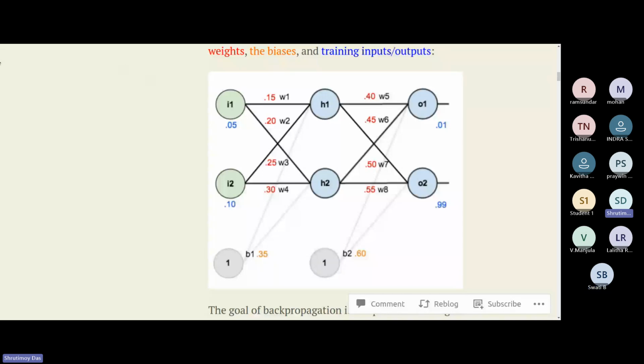So in the language of differentiation, your loss is a function of O2. Now O2 is a function of H1, and H1 is a function of W3. So it is like a function of a function of a function.